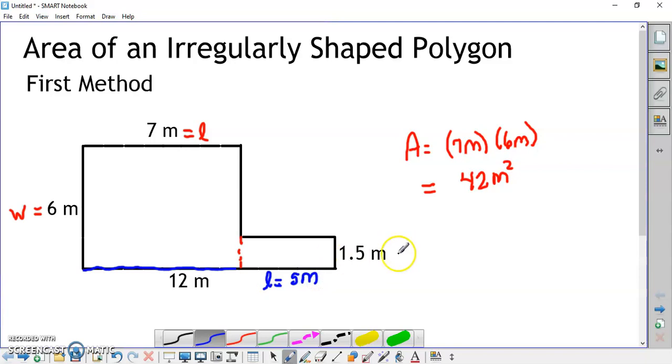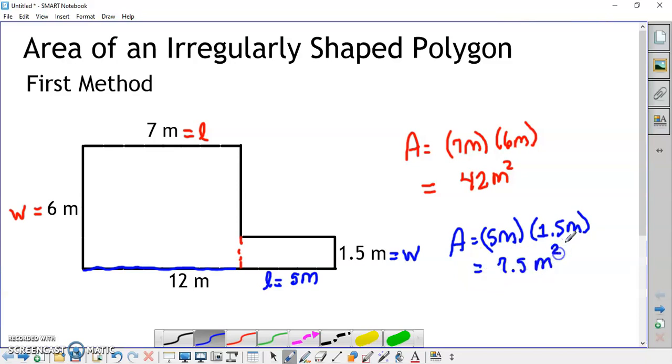The width is 1.5 meters, so the area of this small rectangle will be 5 meters times 1.5 meters equals 7.5 meters squared.